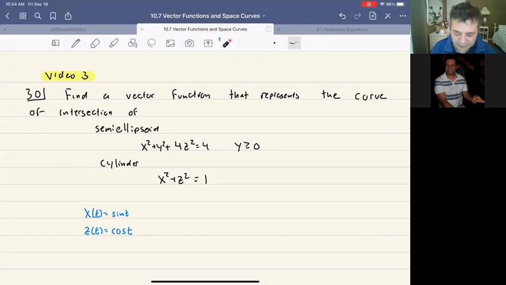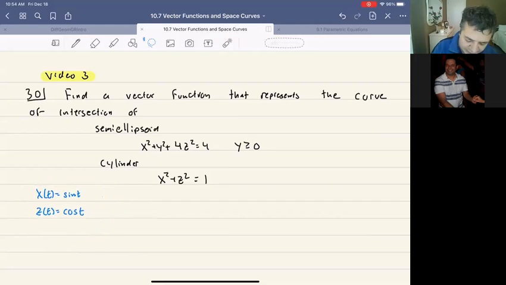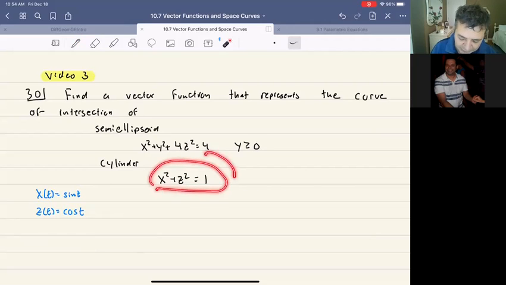Now, those are off to the side. I may not use those, but that's a nice way to think about that cylinder. Then y of t is going to be something else. What I'm going to do is plug this into here.